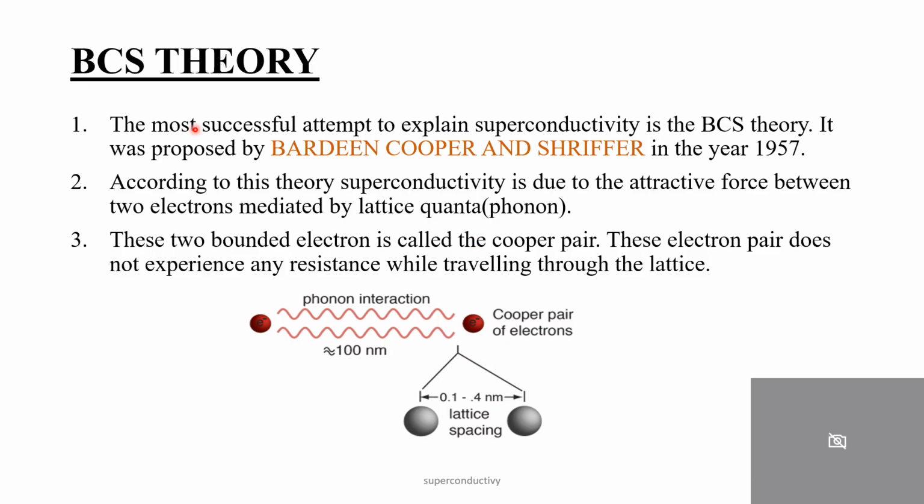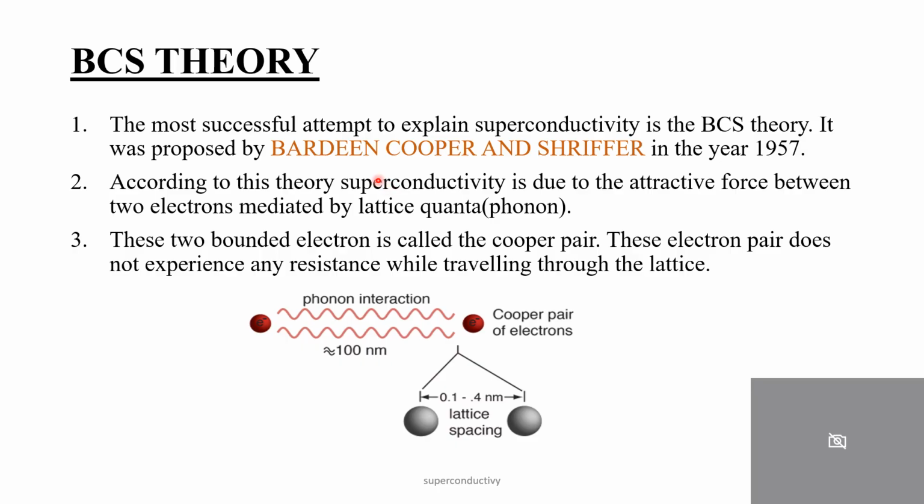BCS theory. BCS theory is the most successful attempt to explain superconductivity. The name BCS comes from three scientists, Bardeen, Cooper, and Schrieffer.